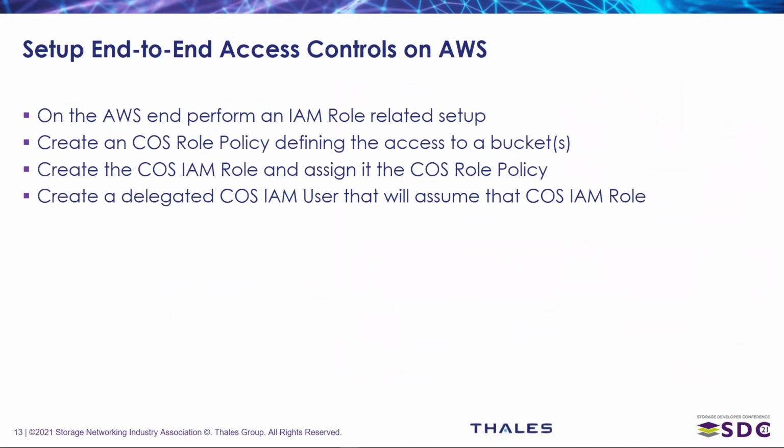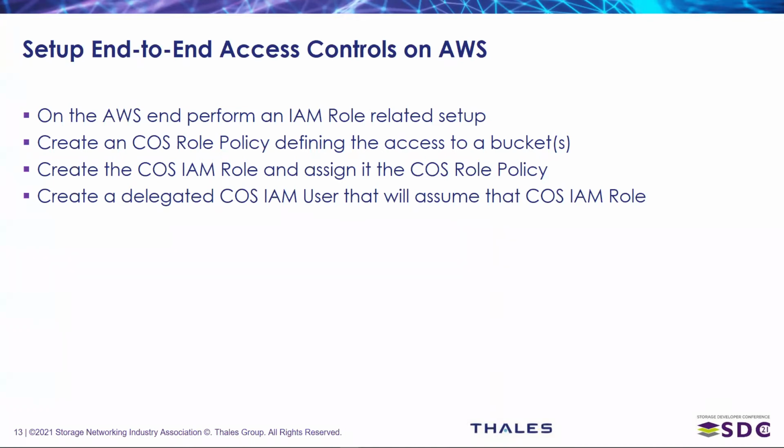So how to set up the end-to-end access controls? There are two steps. One is to set up this IAM role on the AWS end. So to enable end-to-end, like I mentioned, one needs this COS-specific IAM role to be set up. First, you need to set up a role policy that defines access to a bucket.